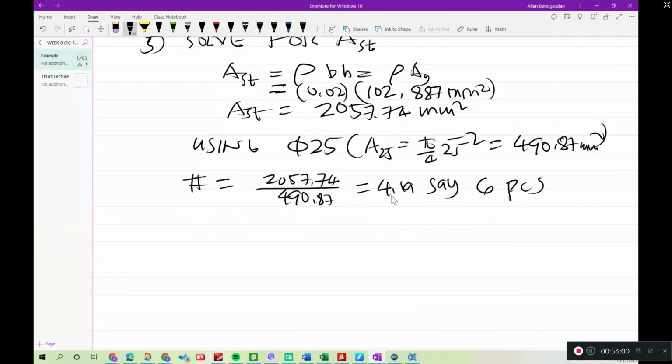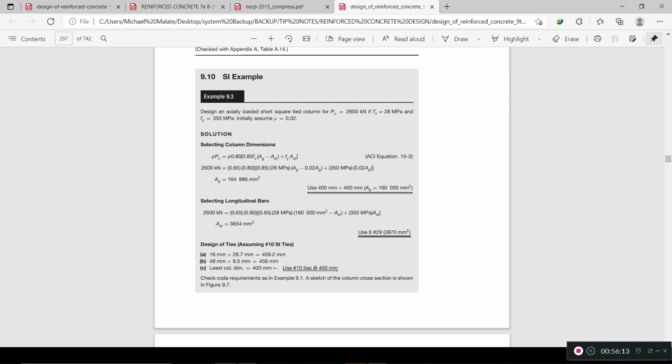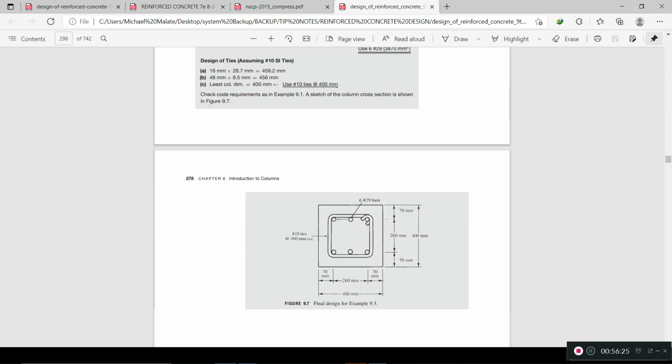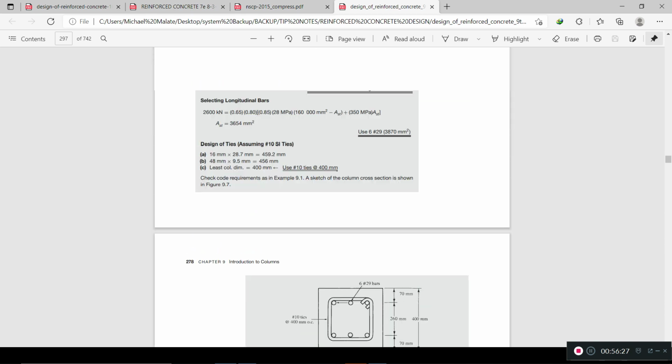Okay, let's do this. So AS provided, of course, is equal to 490.87 multiplied by 6 because there are 6. So it's equal to 2954.22. Don't forget the unit.